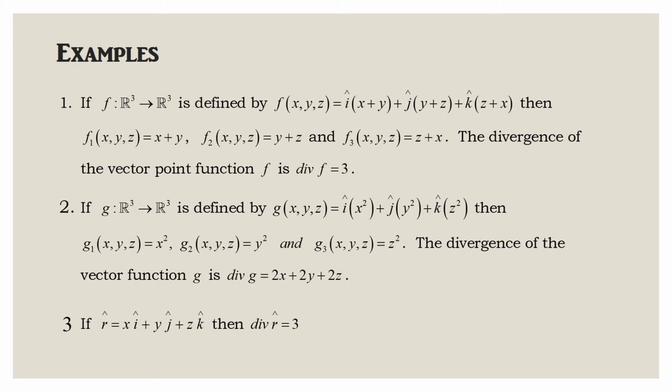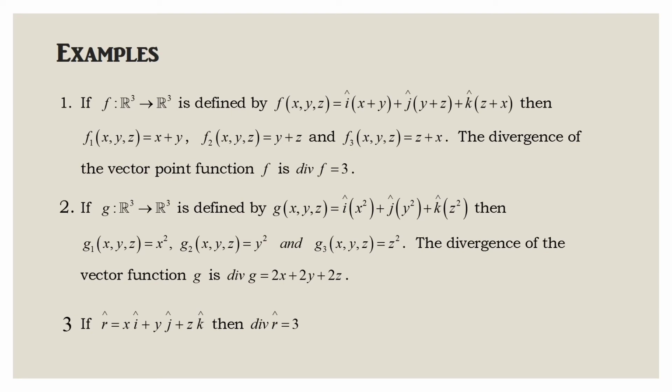Now we have the component functions g1 equals x square, g2 equals y square, and g3 equals z square in hand. Now we need to compute their partial derivatives: dou g1 by dou x, dou g2 by dou y, and dou g3 by dou z.